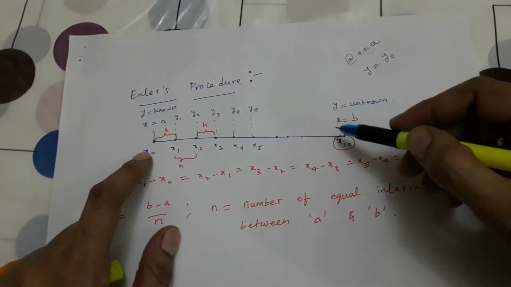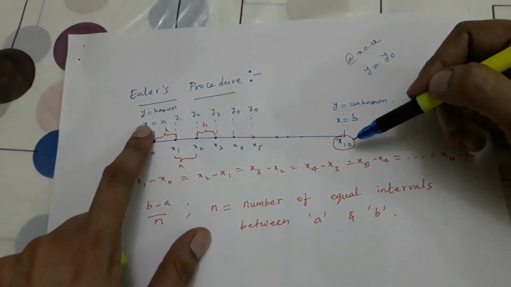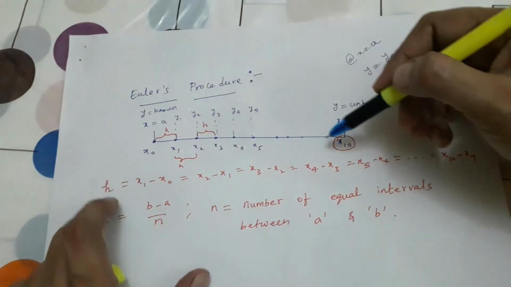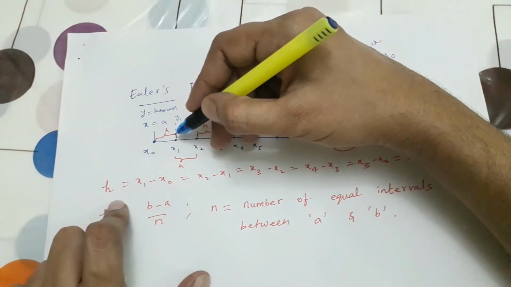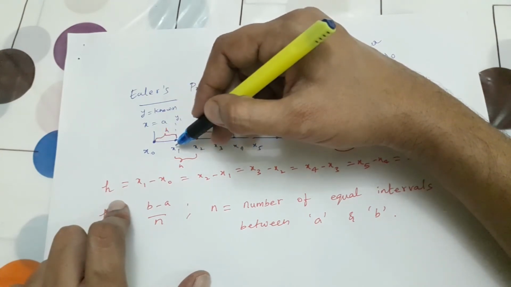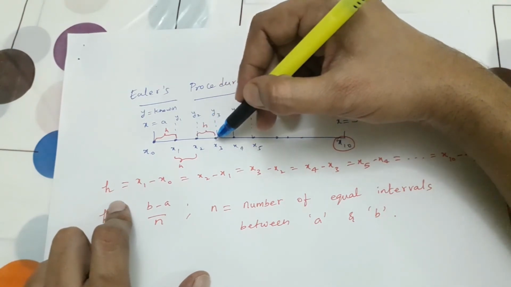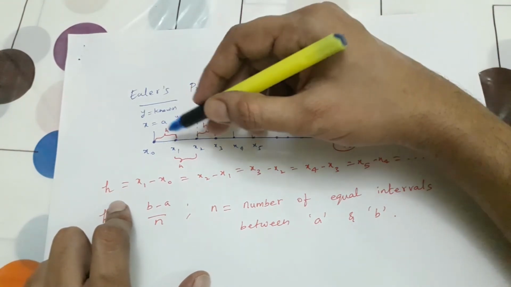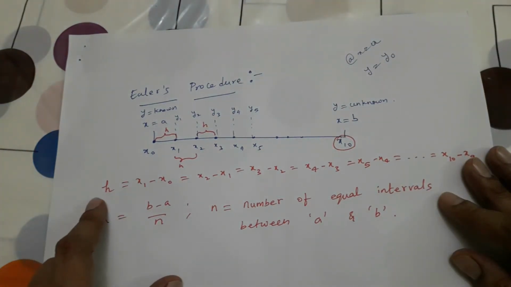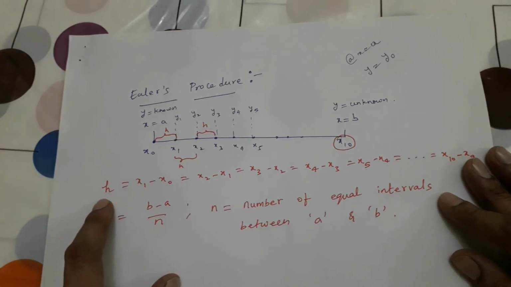So you will divide the interval between x equal to a and x equal to b into n equal intervals of width h. From x0 to x1 is one interval, x1 to x2 is another, x2 to x3 is another, and the width of each interval is the same, that is h.